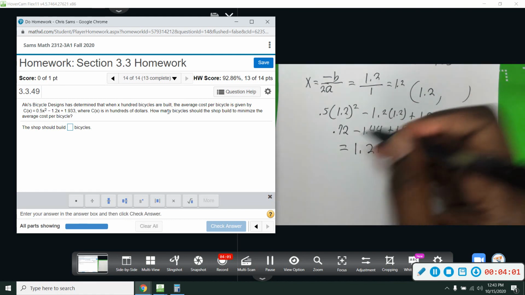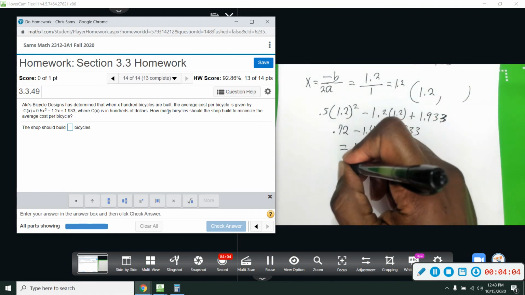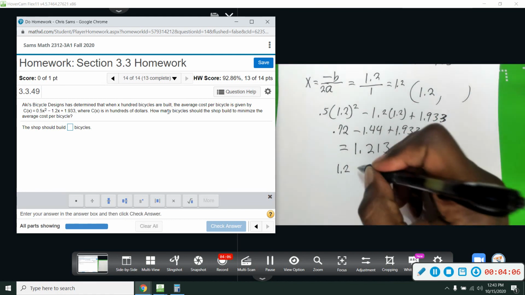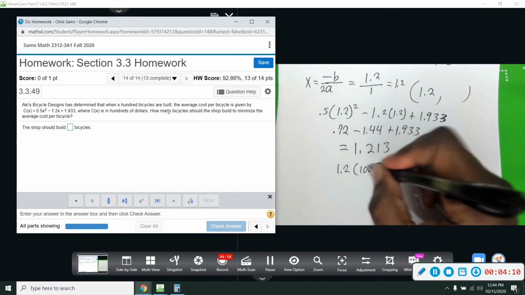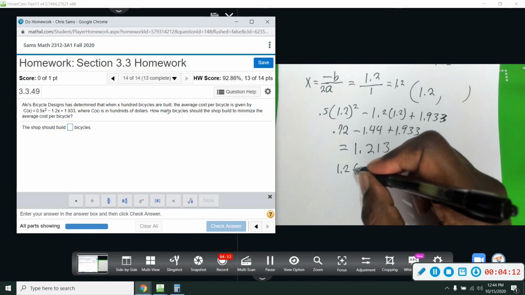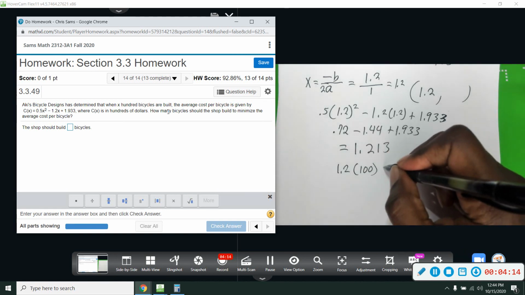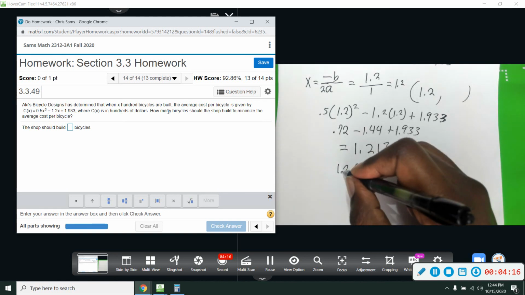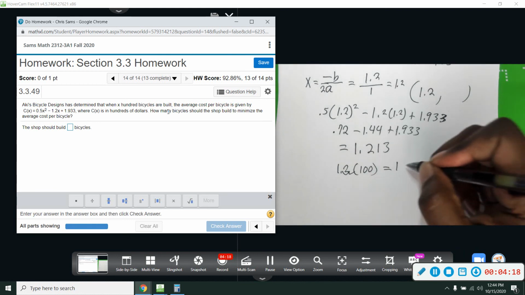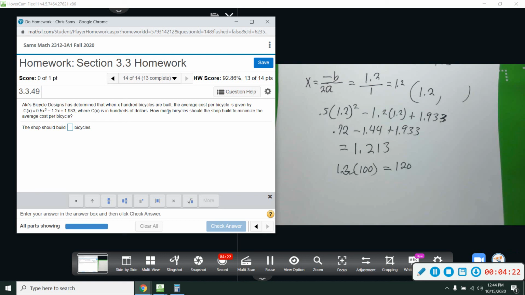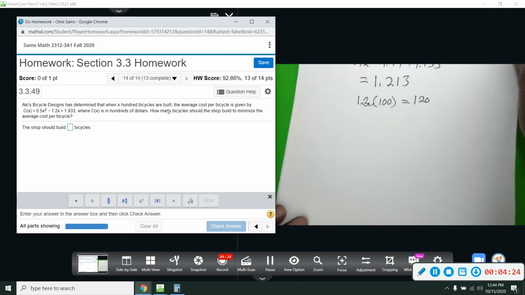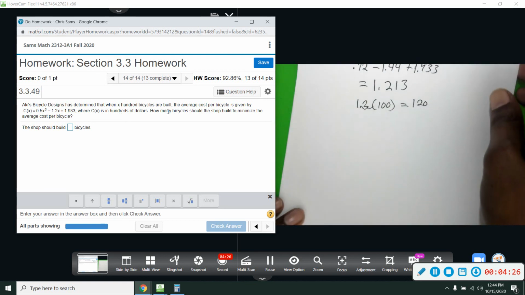I'm sorry, but the process is going to be the same. 1.2 is the number of bikes in hundreds, but we need to multiply that by 100, so we get 120. So really, I want to be plugging in 120 to these numbers. I'm going to redo this, sorry.